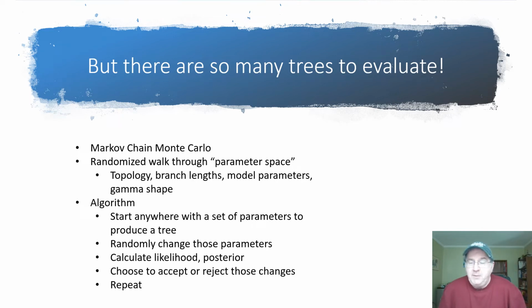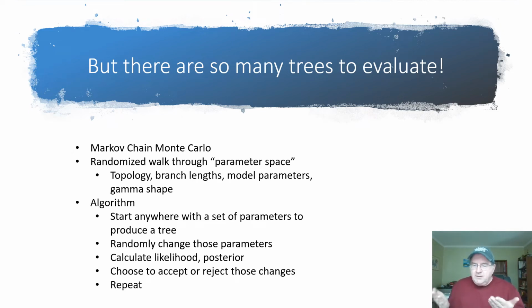It might be the branch lengths. It might be that A is closest to B, and now I'm going to change it to A is closest to C, or any of the parameters of the DNA evolution model. Change something. In the new tree that I calculate after having changed those parameters, calculate its likelihood.